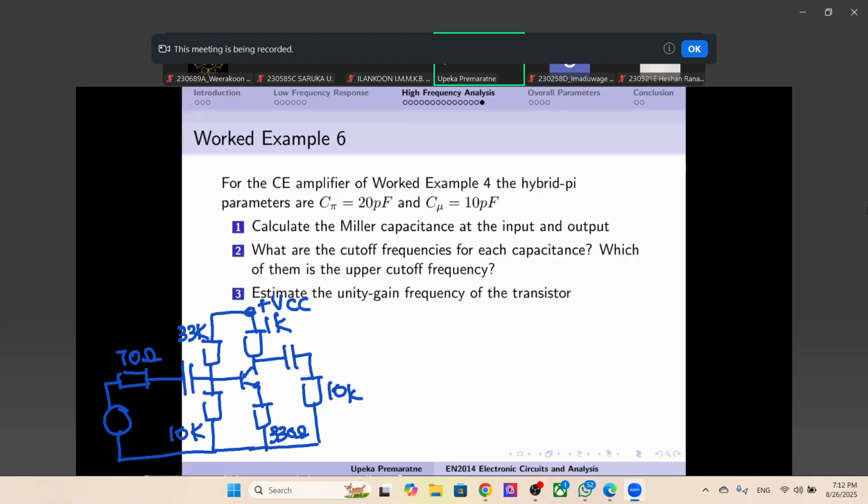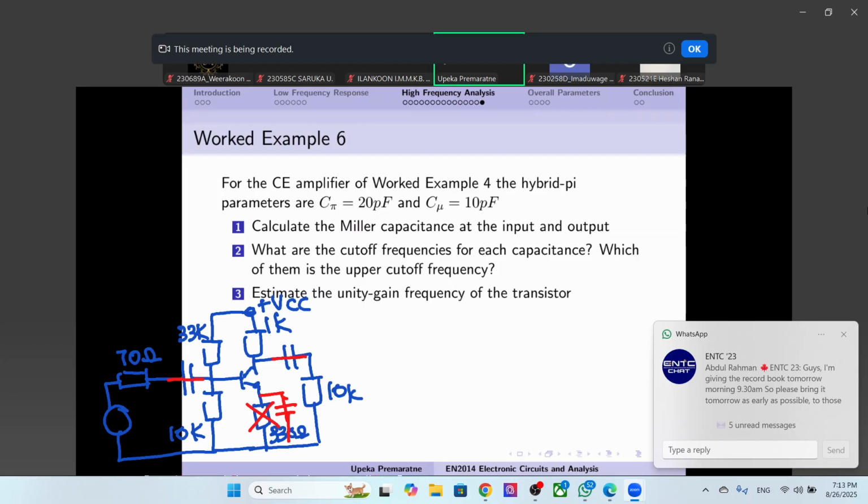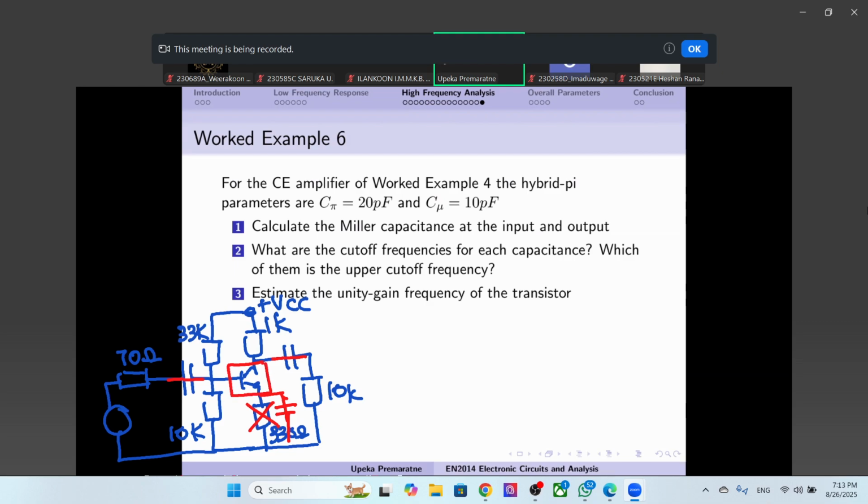Again, the emitter is bypassed. We are talking about the high frequency circuit, so obviously the RE which is bypassed is a short circuit. All of the blocking and bypass capacitors are short circuits, and the transistor is the hybrid pi model.